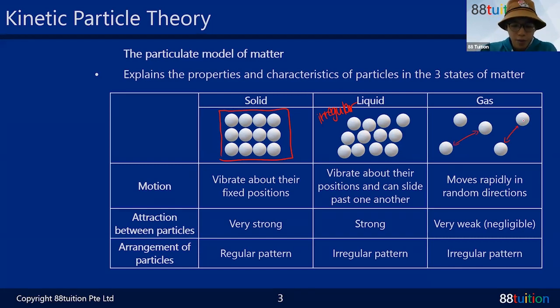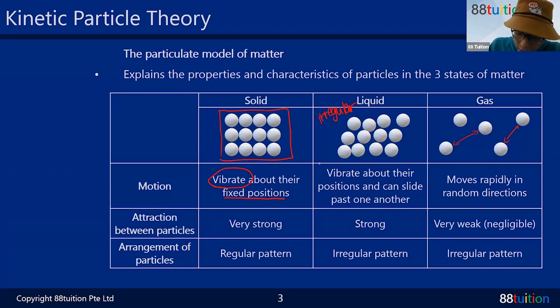So you need to be familiar with how to explain the motion of the particles in each of the three different states. For solid, they look like they cannot move, but actually they are vibrating at their fixed position. So the keywords are vibrate and fixed positions. You must mention this whenever you answer questions. Then for liquids, they also vibrate about their fixed position.